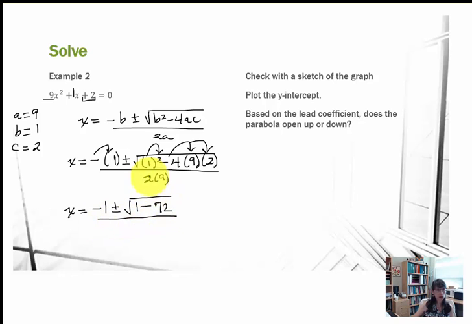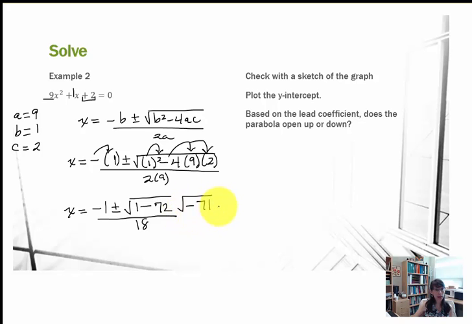Our divisor now, 2 times 9 would be 18. Let's simplify under the radical. 1 minus 72. Well, I can tell that's going to be a negative number because 1 minus something much larger will be a negative, and that would be negative 71.